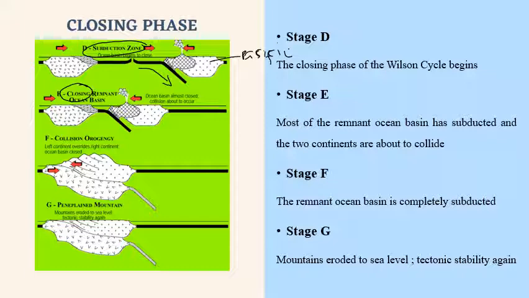What remains is an ocean remnant. So this is the remnant ocean basin. Most of the remnant ocean basin has subducted and the two continents are about to collide. Now we are going to start to close the secondary plate here.